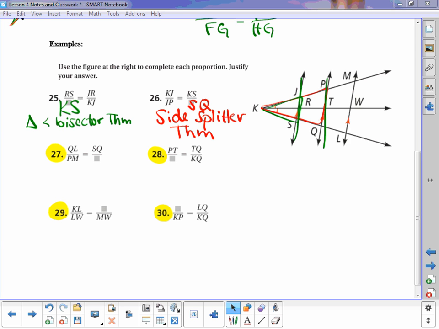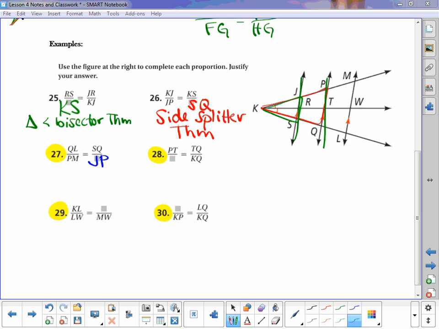Alright, let's take a look at these. Bring them back up front, please. Number 27, what do we get for our blank here? JP.